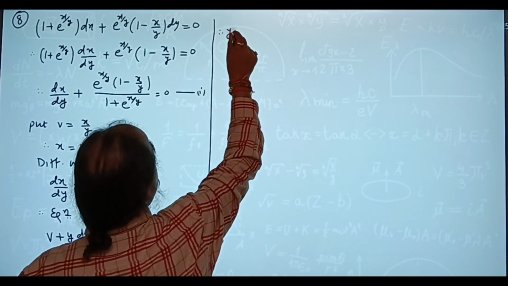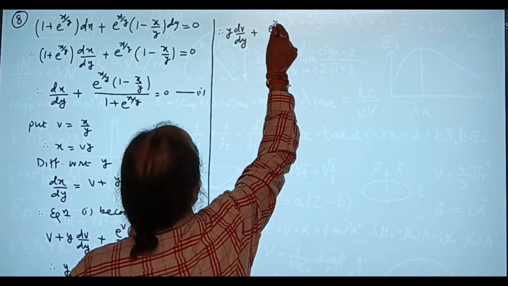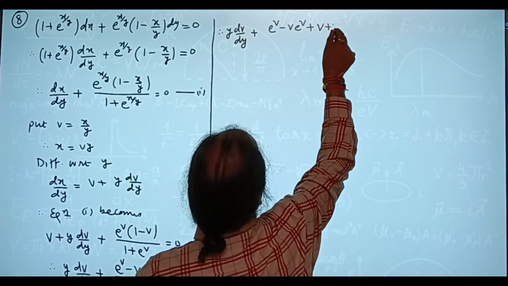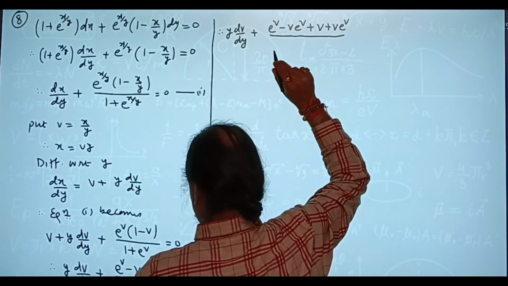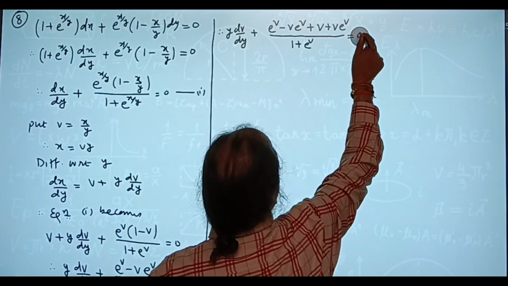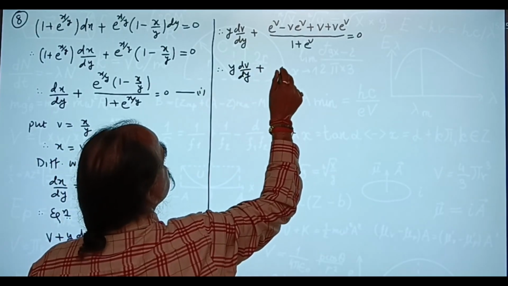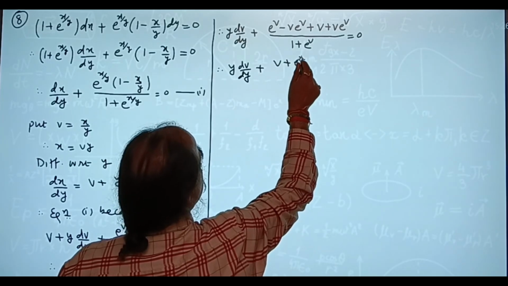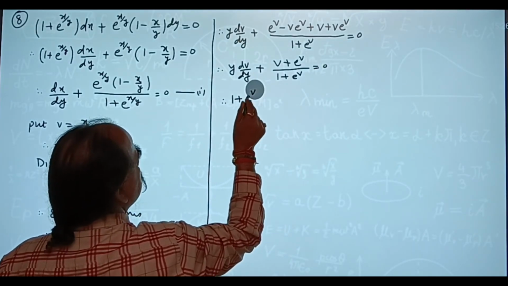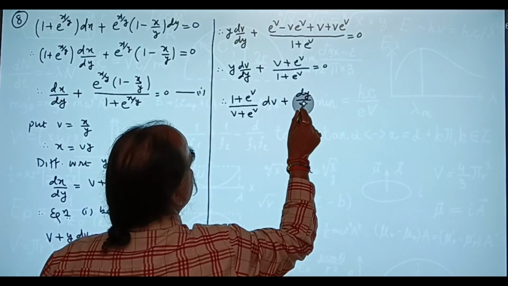Therefore y dv by dy plus e raised to v plus v plus v e raised to v upon 1 plus e raised to v. v e raised to v will get cancelled. v plus, (1 plus e raised to v) upon (v plus e raised to v) dv plus dy upon y is equal to 0.